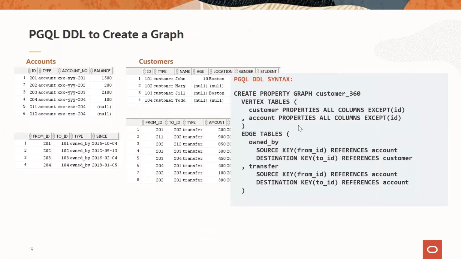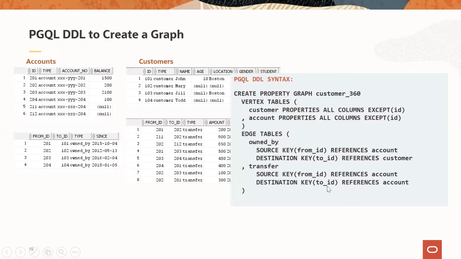You're specifying the vertex tables, saying that the customer table is a vertex table, the account table is a vertex table, and you're using almost all the column values as properties for these vertices. And then you have the edge table, where you're using the table owned by, and you're specifying the source and the destination as coming from these tables. And again, you have the transfer edge with the source and destination coming from the accounts table.